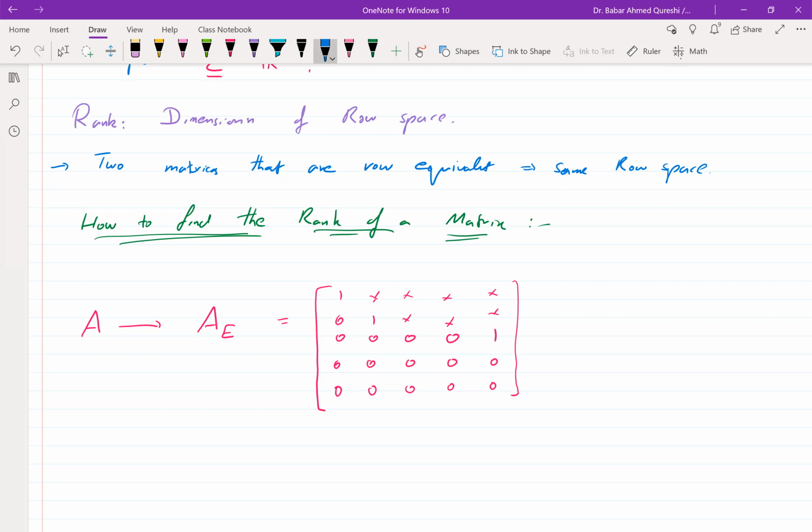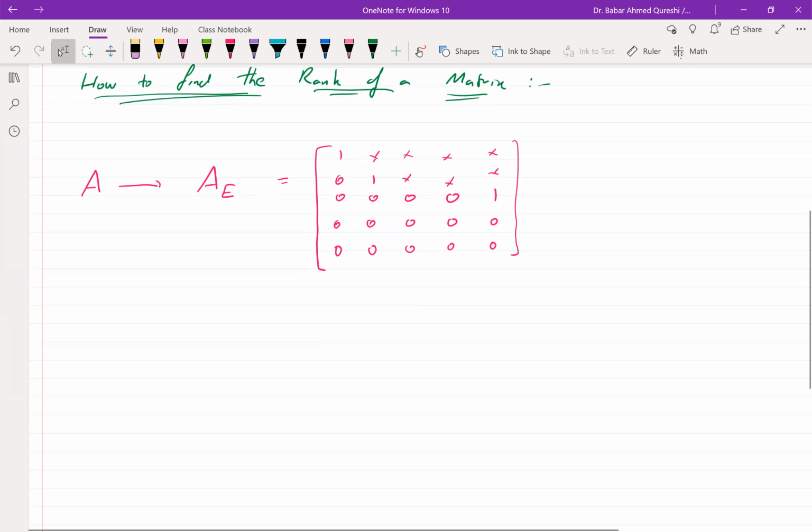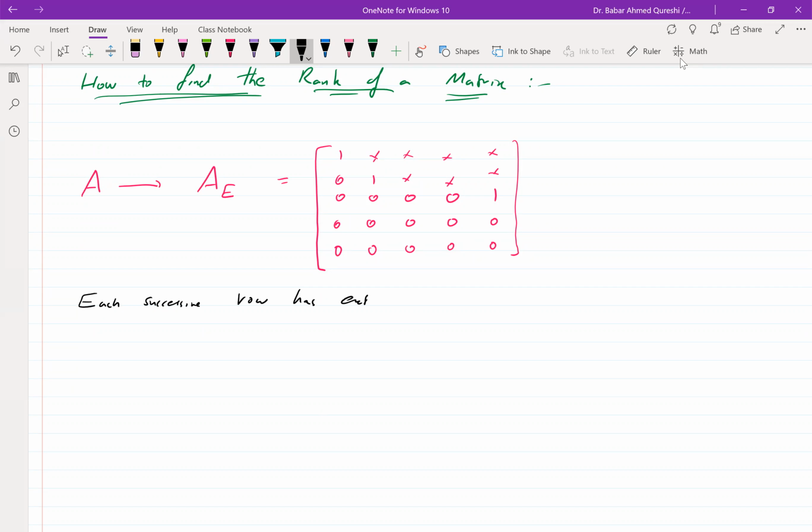But what happens is in each of the successive rows, you have some extra zeros. Now, if I have two vectors, this property that each successive row has extra zeros says something about the linear independence of these vectors.